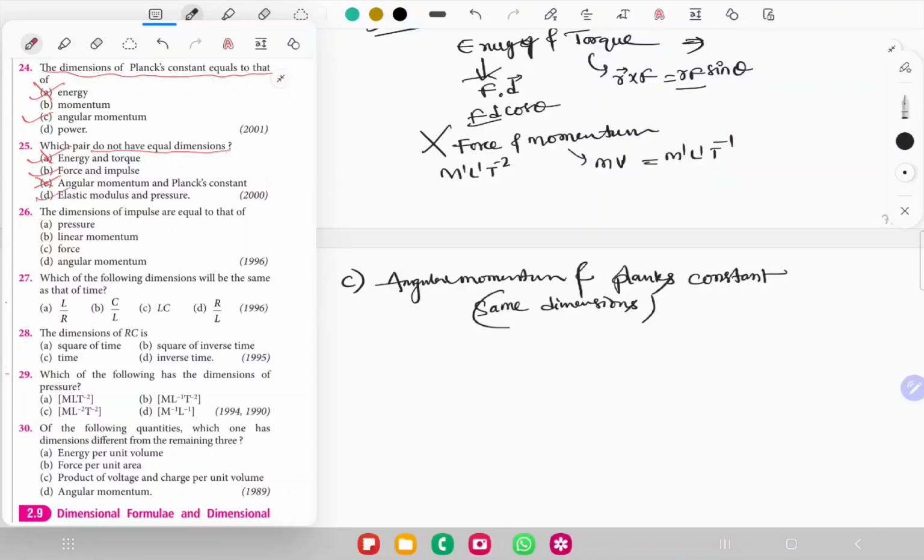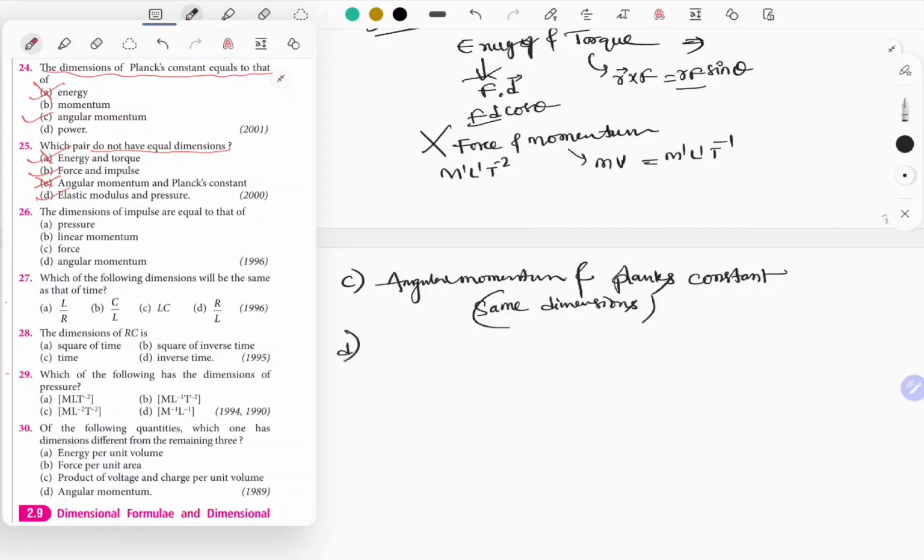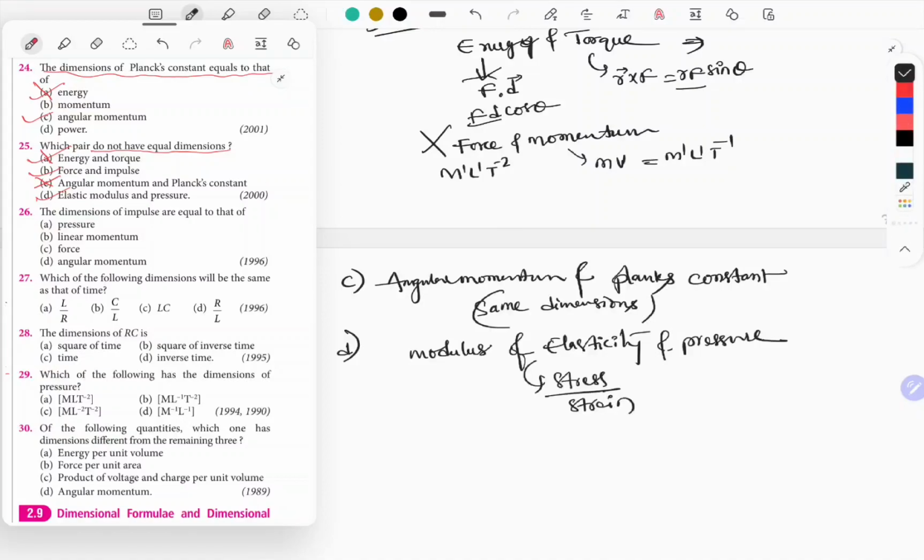Elastic modulus and pressure were already explained. Modulus of elasticity and pressure both have the same dimensional formula. Modulus of elasticity is represented as stress by strain, and strain is a dimensionless quantity.